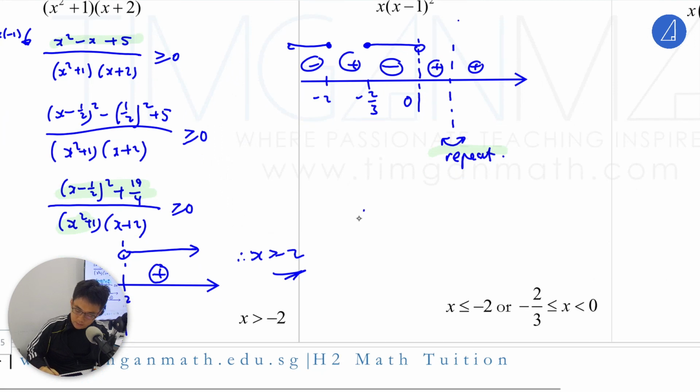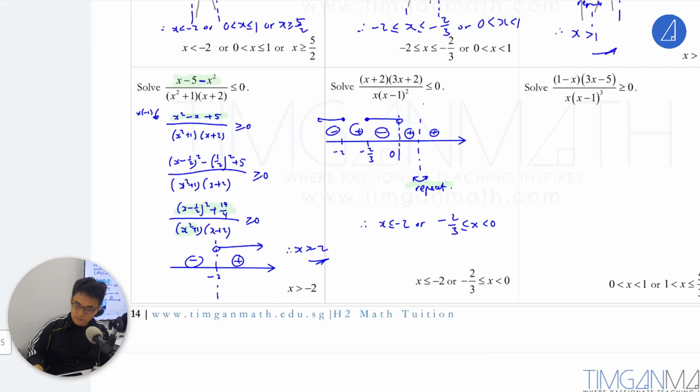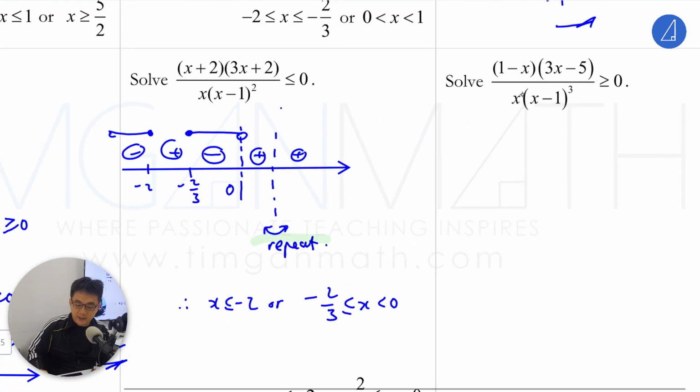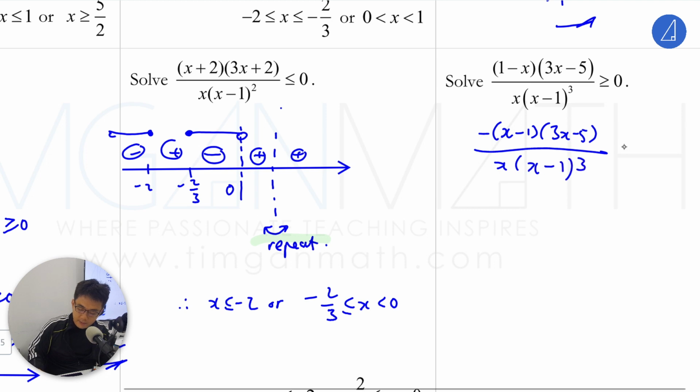So the last one, I'll just explain a bit. The last one is this and this root you can simplify, you can cancel it out. You see that? So if I were to factorize this out, you have to be slightly careful here.